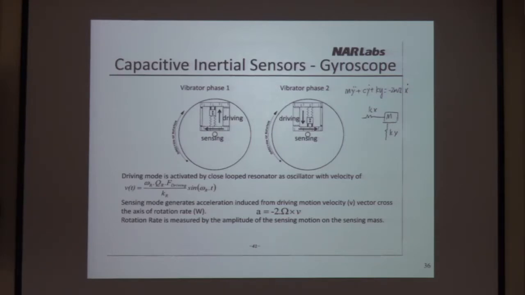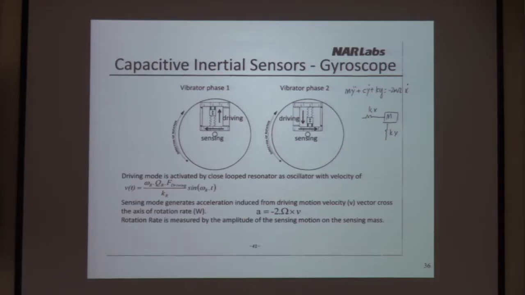If this car is moving in this direction, and we apply a rotational speed to this car in this way, so the angular velocity is in this direction, then this car will experience a force.